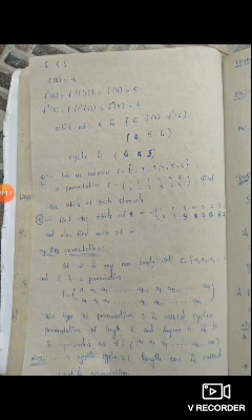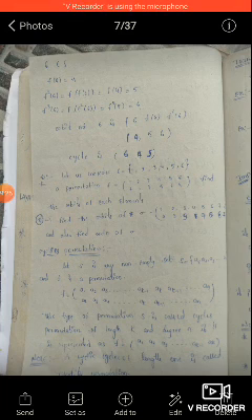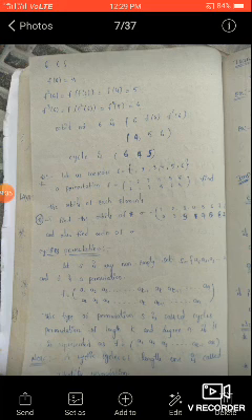Simply, now we consider an example. Suppose we are given a permutation 1, 2, 3, 4, 5, 6.